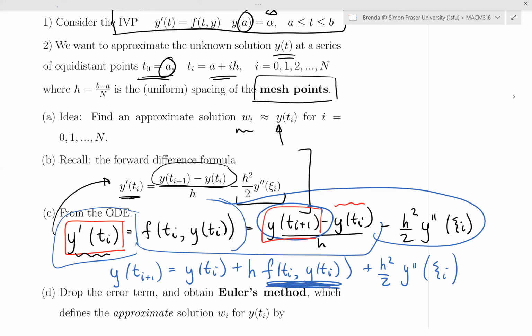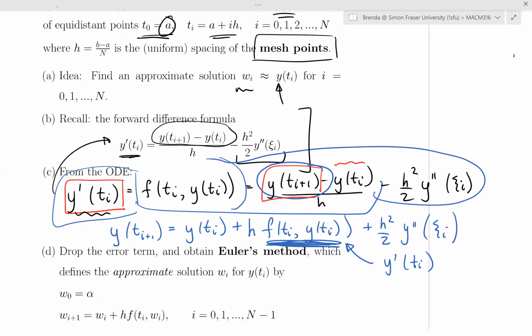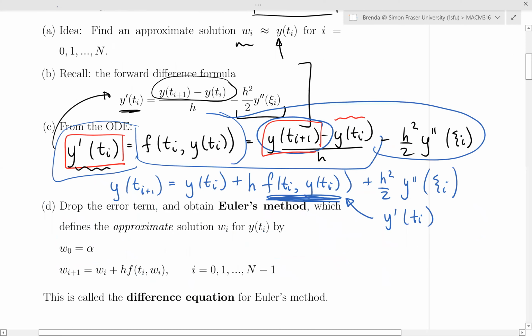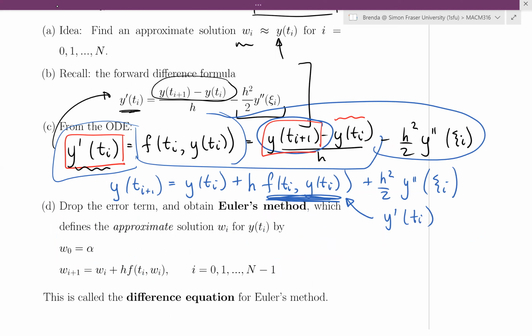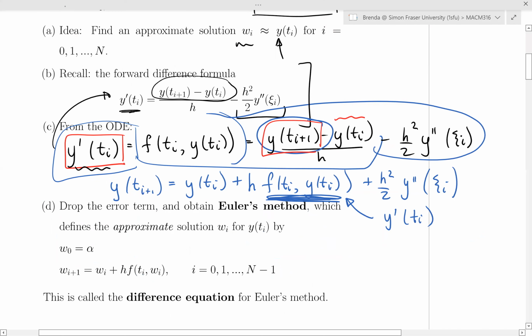F at Ti, Y at Ti. Right, exactly, this is Y prime at Ti. So we do the usual thing and toss out this error term. That's where the approximation happens, and we obtain Euler's method.